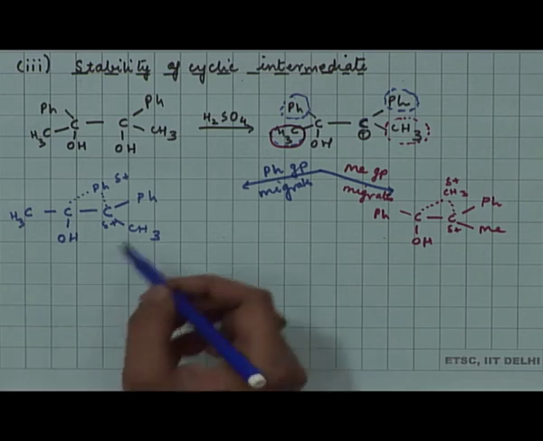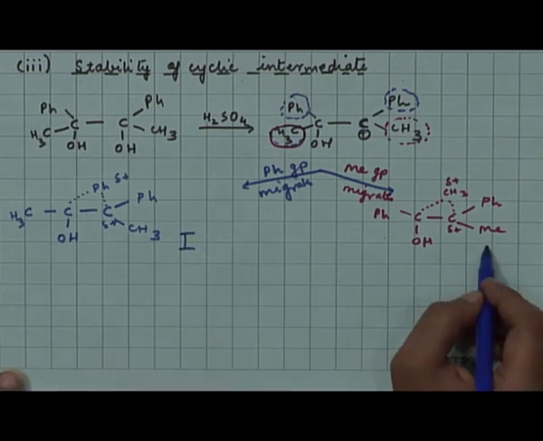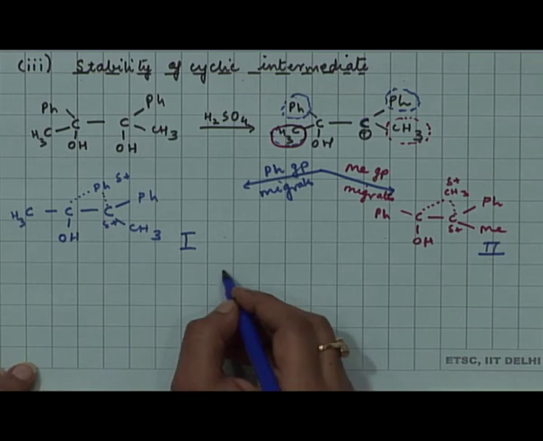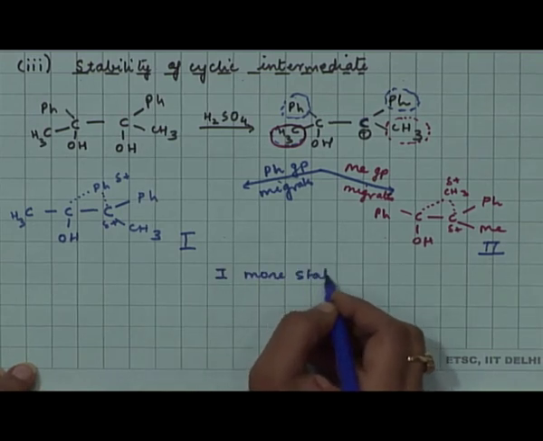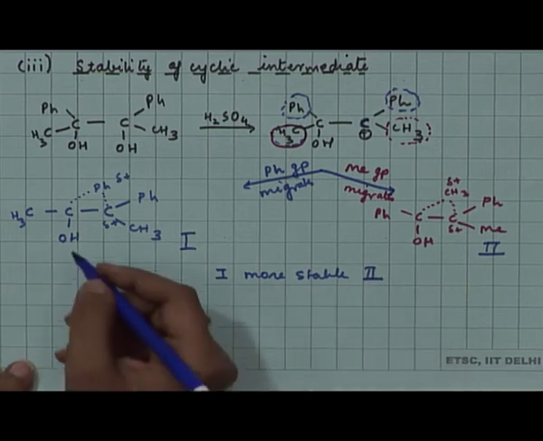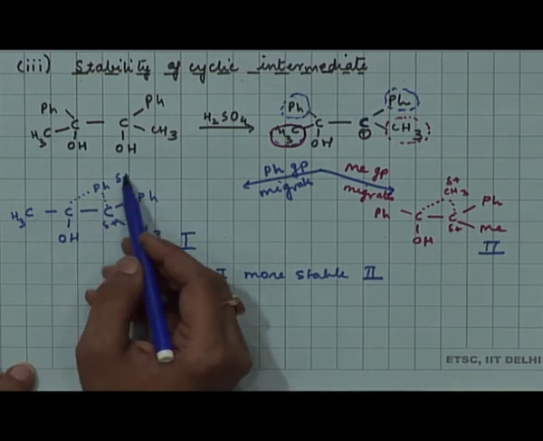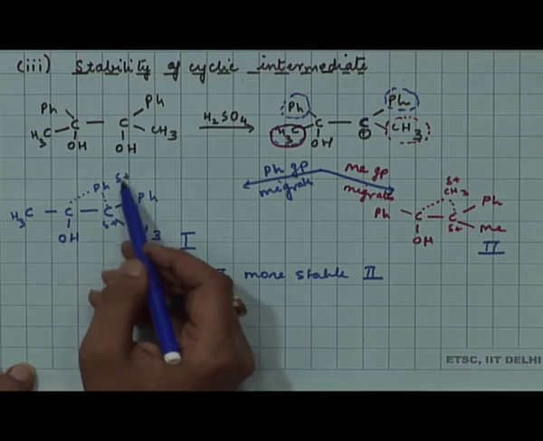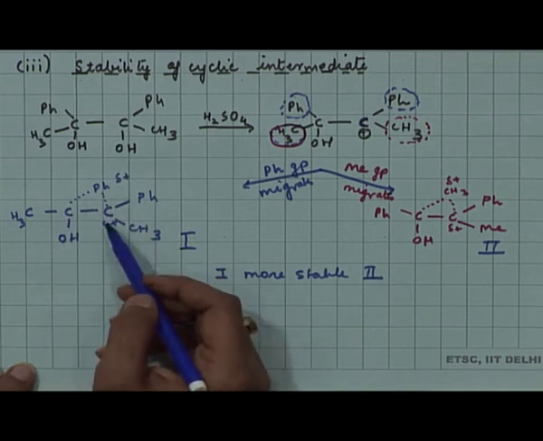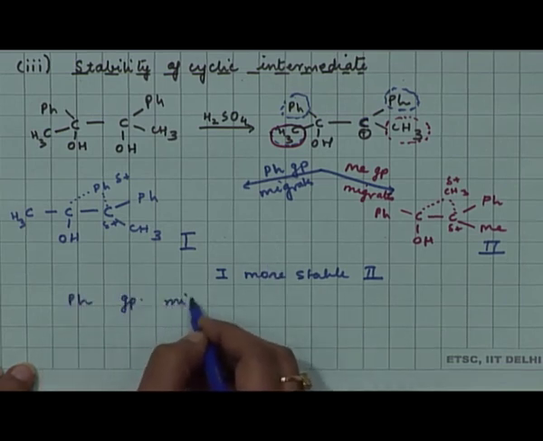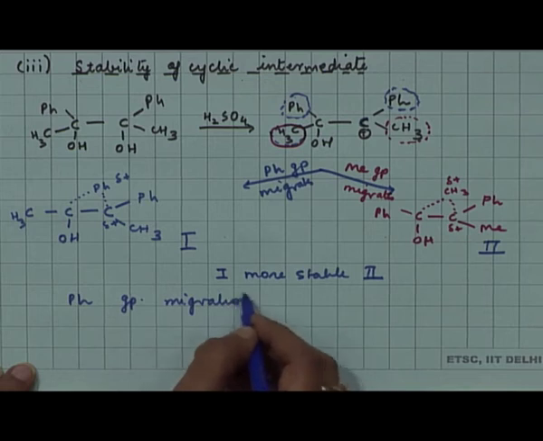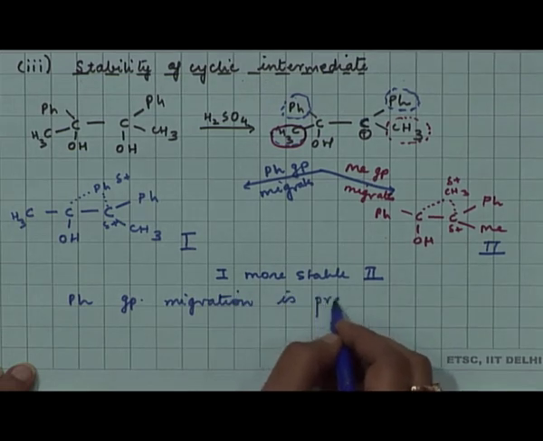Now, if you compare these two intermediates 1 and 2, you see that 1 is more stable as compared to 2, because again it is a resonance stabilized structure. The positive charge is over a phenyl ring. So, it is more resonance stabilized structure. Therefore, the phenyl group migration is preferred over the alkyl group migration.